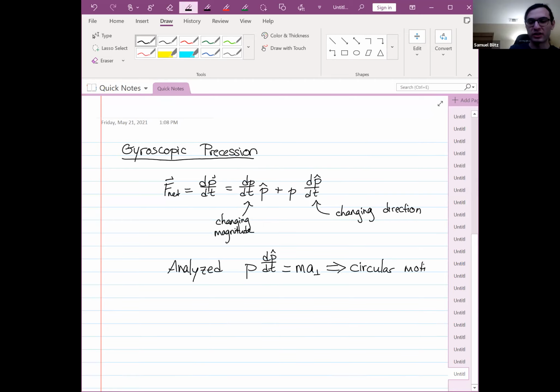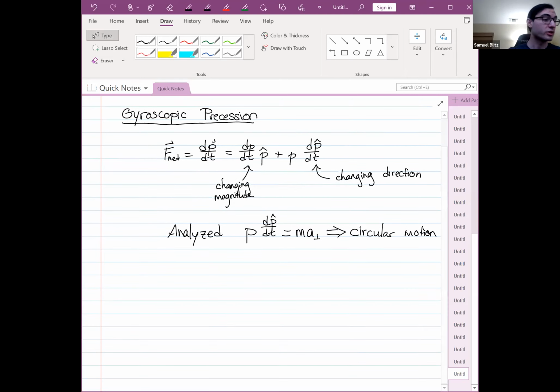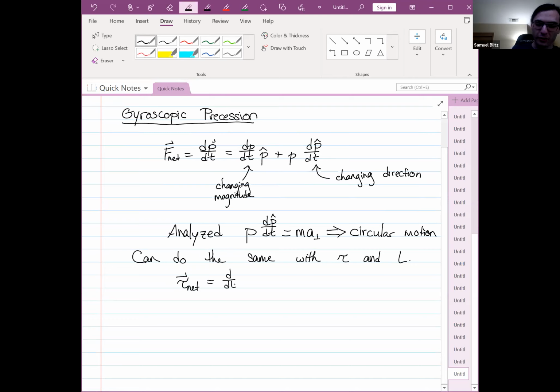And now that we've actually discussed angular momentum, we can do the exact same thing relating angular momentum to torque. In particular, we can write that the net torque on an object, which is equal to the time derivative of the angular momentum, is equal to the time derivative of the magnitude of the angular momentum times the unit vector plus the magnitude times the time derivative of the unit vector of the direction of the angular momentum.